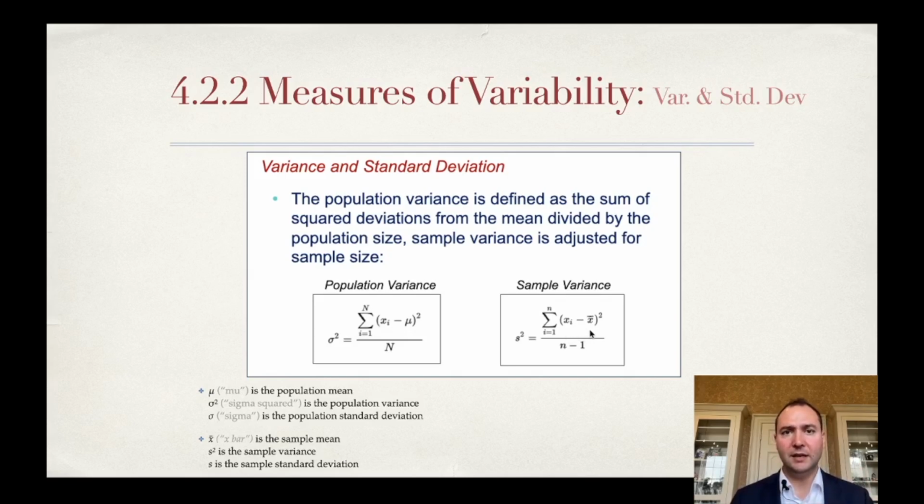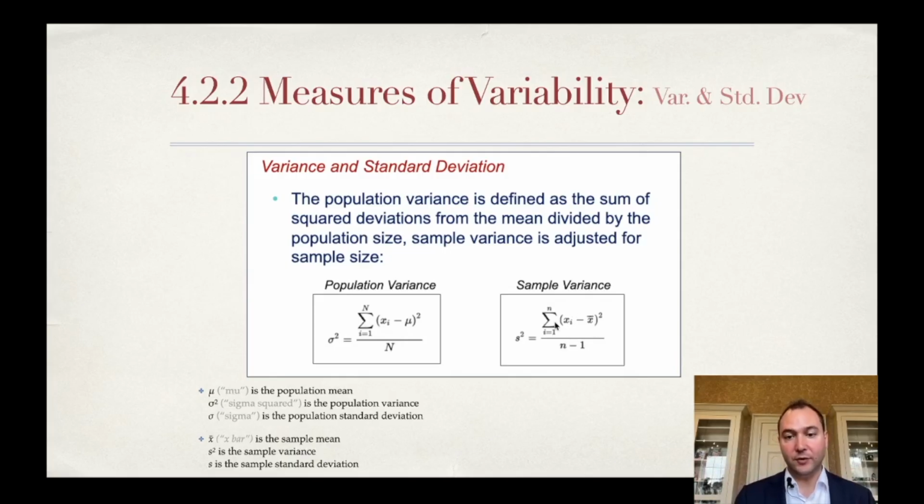Well, what does this mean? It basically tells you how far away each individual value is from the average of your sample. So if some of those values are very far from the center of your data, your variance is going to be much bigger.